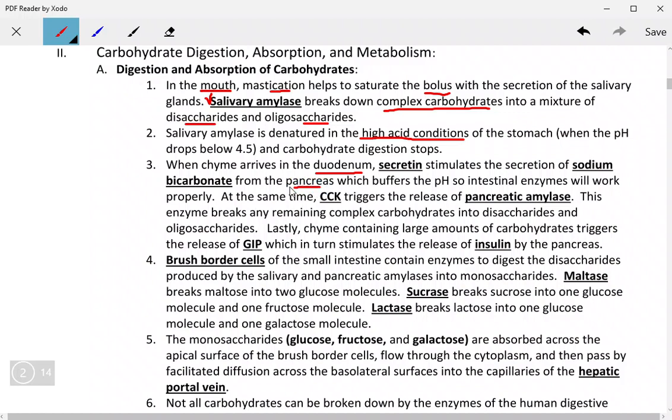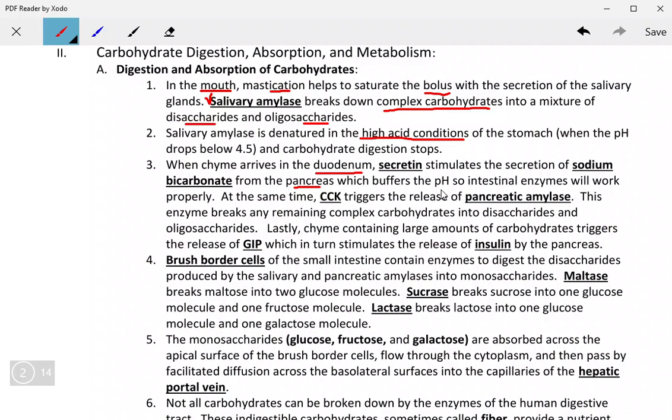Are you following? To release sodium bicarbonate. Now, sodium bicarbonate will be important to buffer the pH of the chyme within the duodenum. This will ensure that all the enzymes that are going to be doing their work in the small intestine can perform well without being denatured.